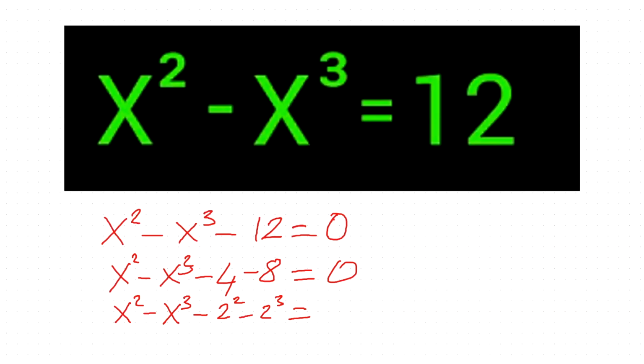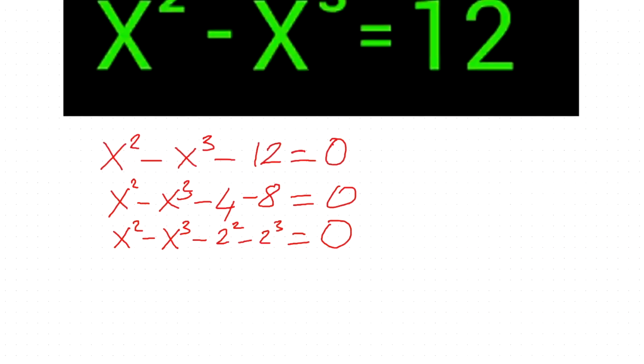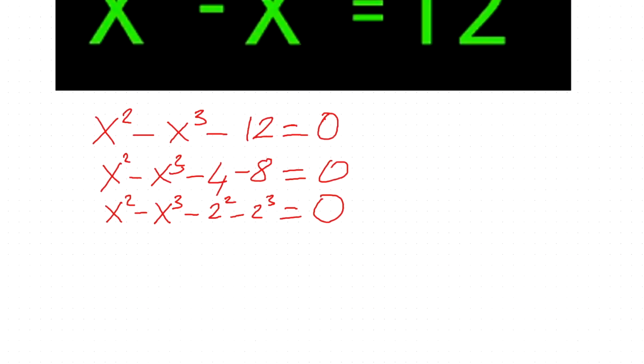From here, let's combine the exponent terms next to each other so that you can see clearly. This is going to be x squared minus 2 squared minus x cubed minus 2 cubed is equal to 0.